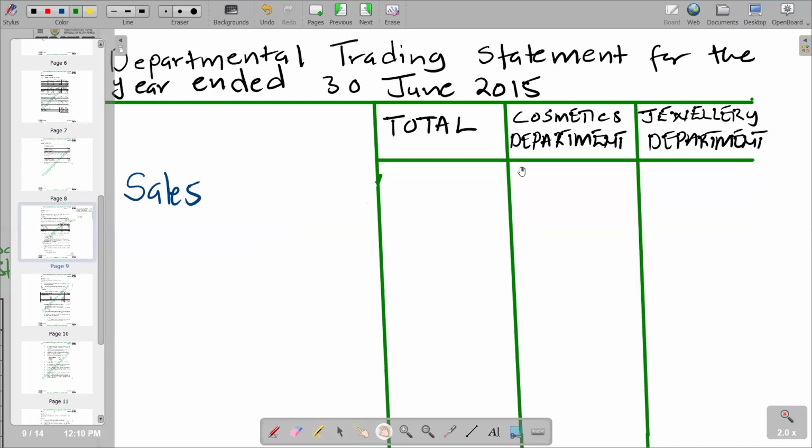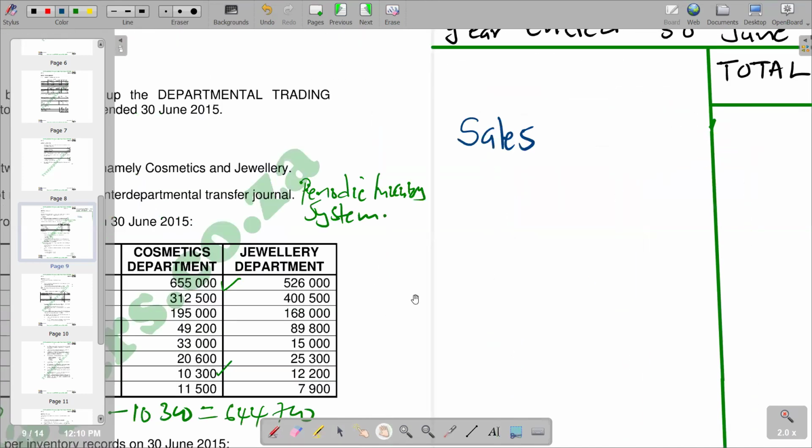So you can come there and put your 644,700. And then we calculate the sales in the jewelry department. So we come back again.